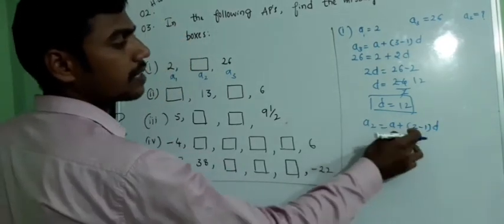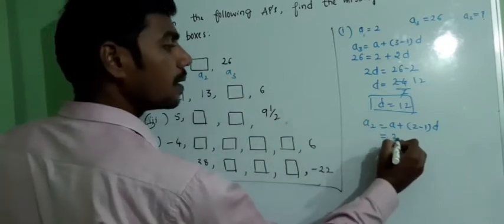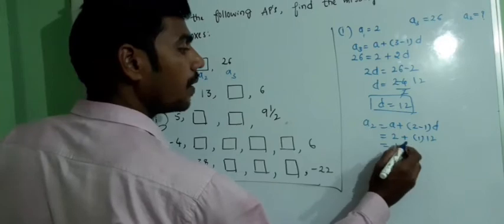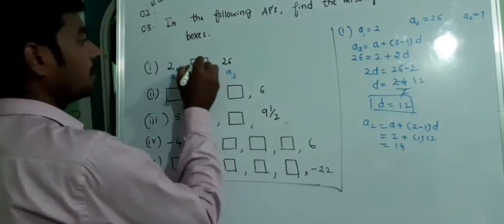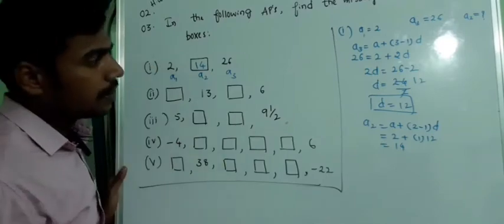So A2 is 2 plus 1 into 12, that is 2 plus 12, which is nothing but 14. So A2 is 14. Any confusion? Very simple. Next.